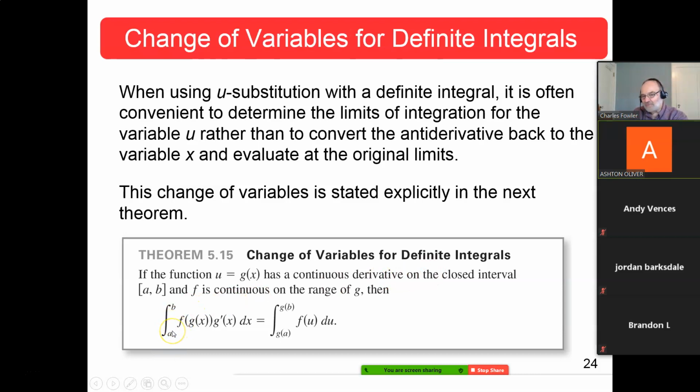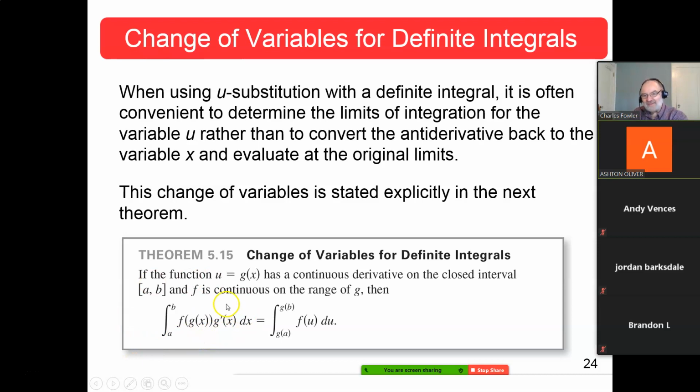So they really make this seem difficult, but here's what you do. You do the integral from a to b of f of g of x times g prime of x. That's your simple kind of anti-chain rule, you might say. If you were taking the derivative of f of g of x, you would have f prime of g of x times g prime of x.